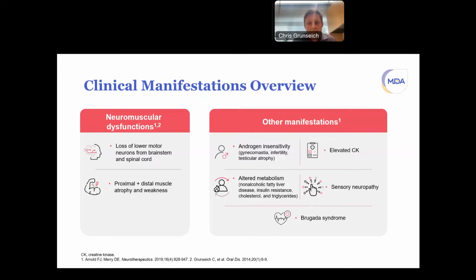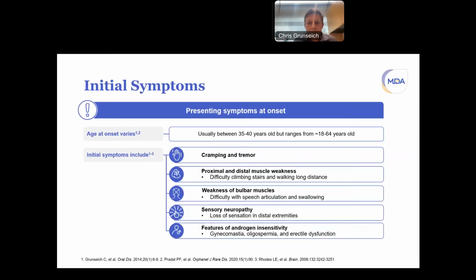Some patients can have electrical arrhythmias in the heart conductance pattern, and one of those arrhythmias includes Brugada syndrome. Many of our patients in the US do not have Brugada syndrome, but it's important to screen for that to ensure that there are no changes on ECG testing of the heart's electrical activity. Next slide.